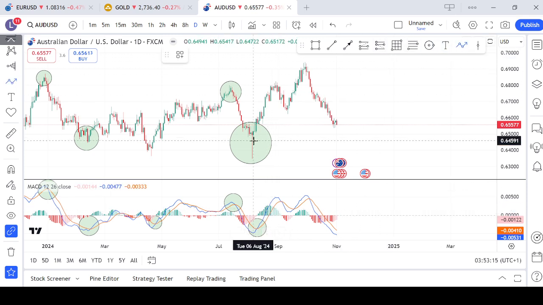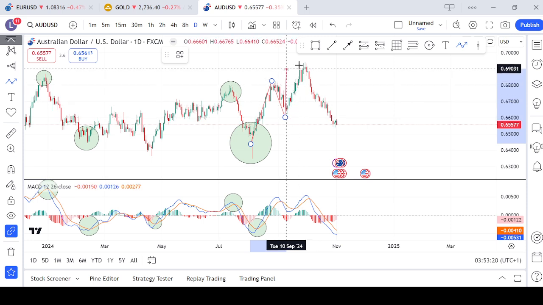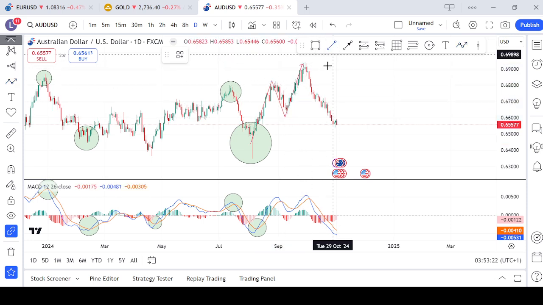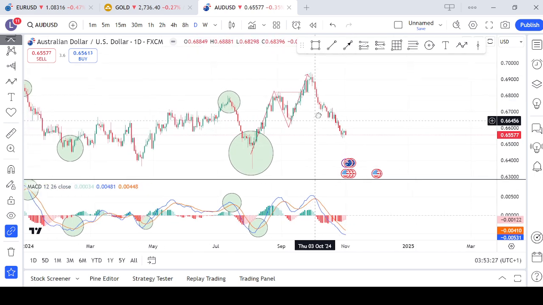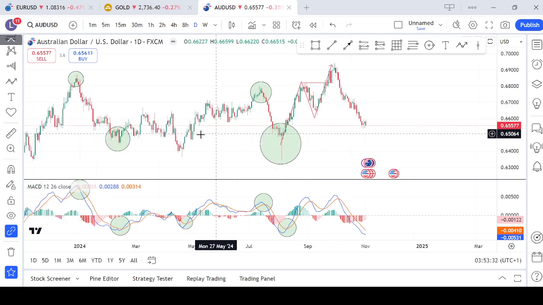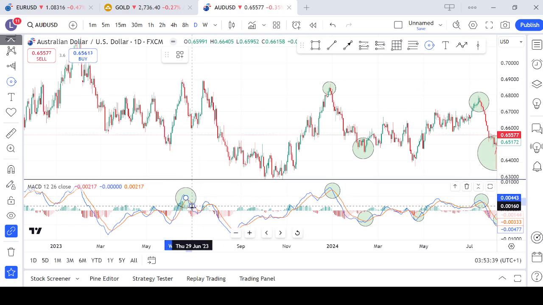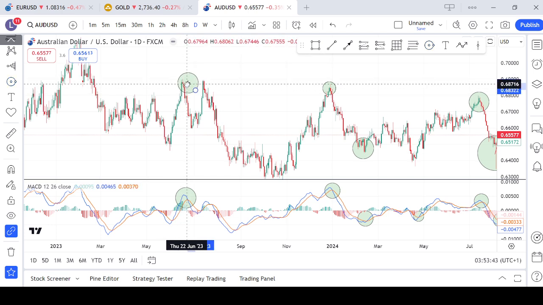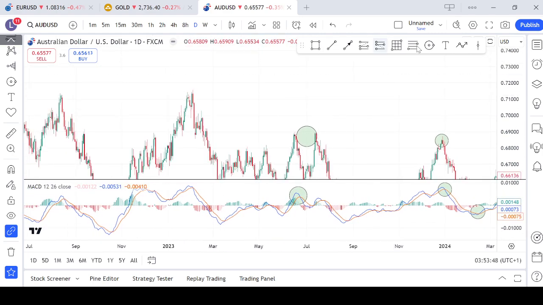You can see this is a strong bullish trend right here, with a higher low and higher high break of structure, which is a strong bullish trend. And that's how you can use the MACD to generate trading signals in the market. And see this one here, this gave us the signal twice.